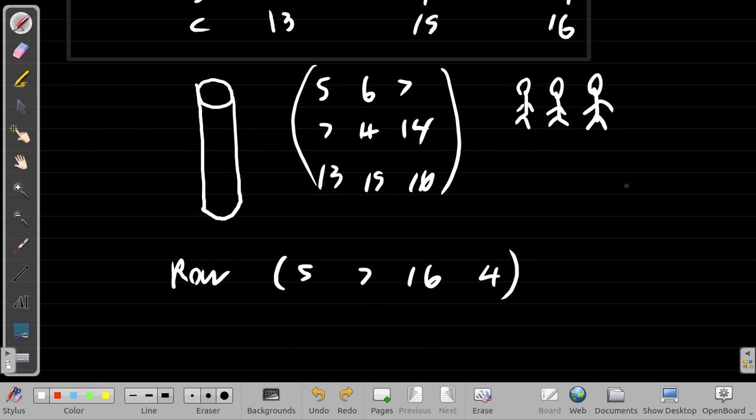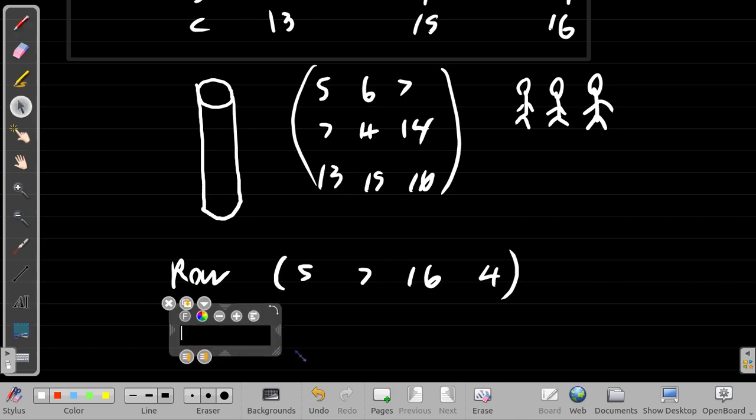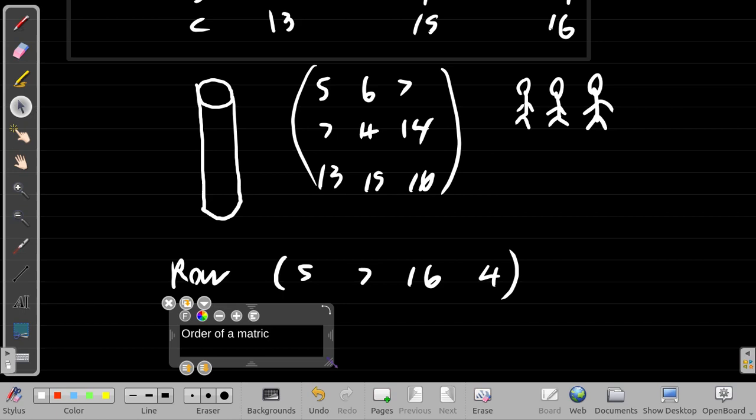Before we continue with the other types of matrices, you have what they call the order of a matrix. Let me type it, because I don't want you to see my bad handwriting.